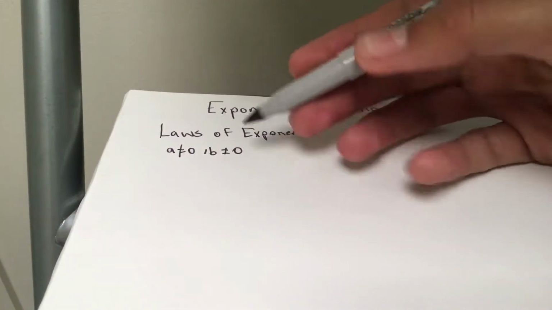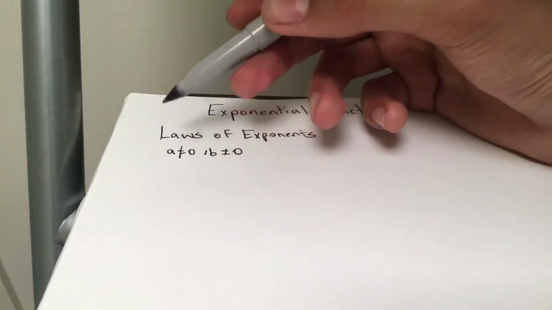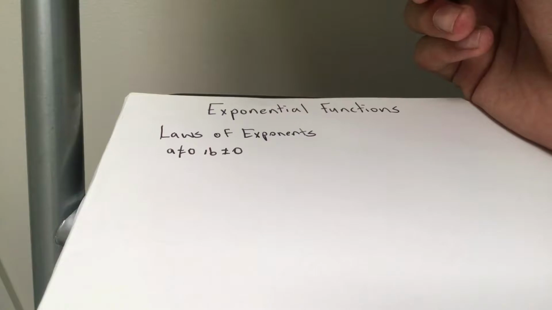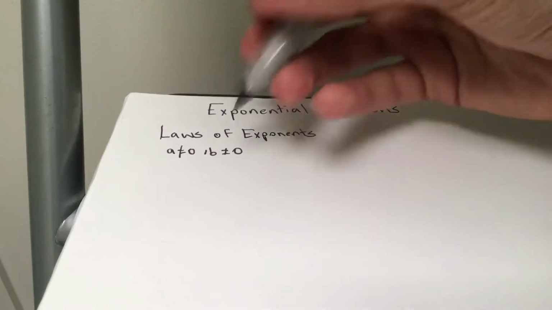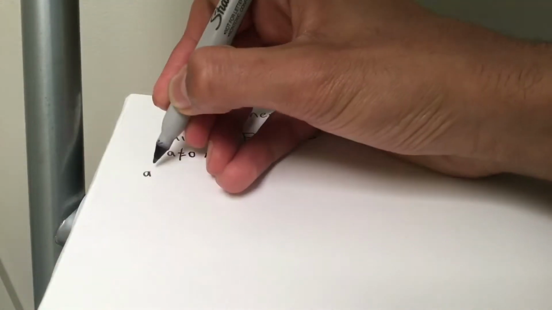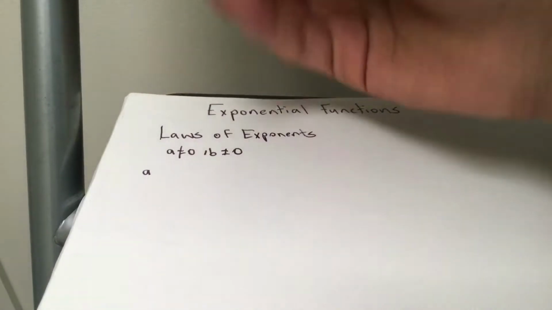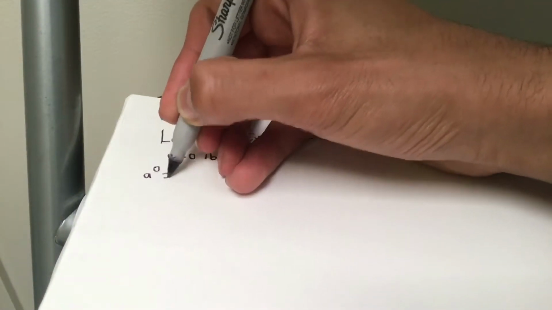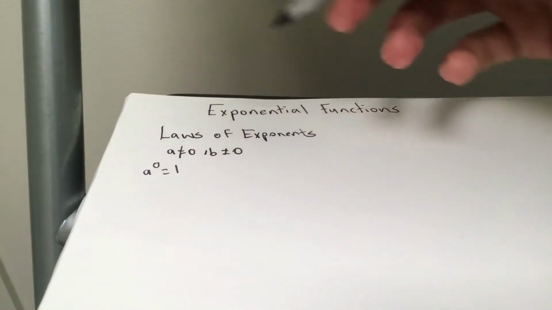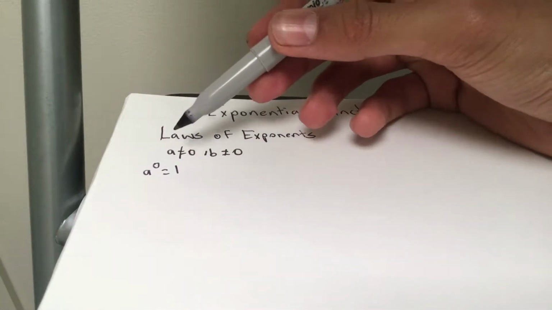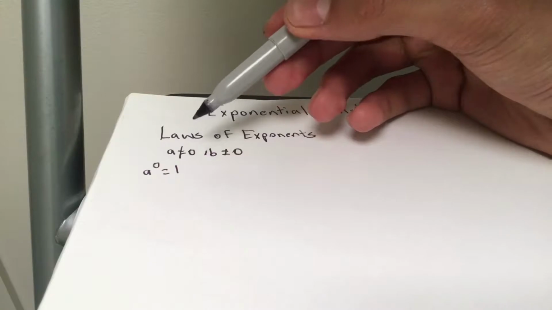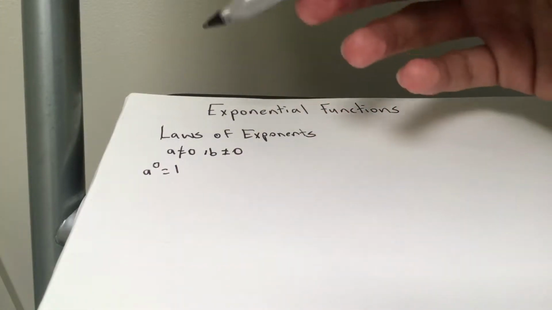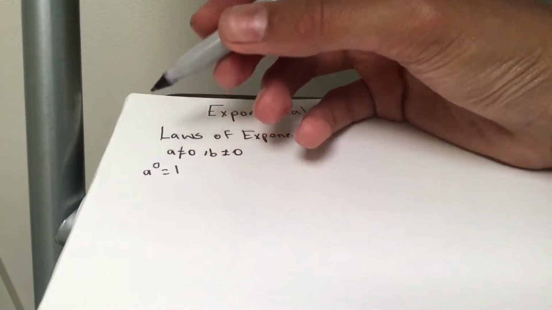So for our 6 rules, if it equals 0 for both A and B, it would be false. So our first law or rule is A to the power of 0 is equal to 1. So it's basically saying that A cannot equal 0. So if it equals 0, then it'll be false.